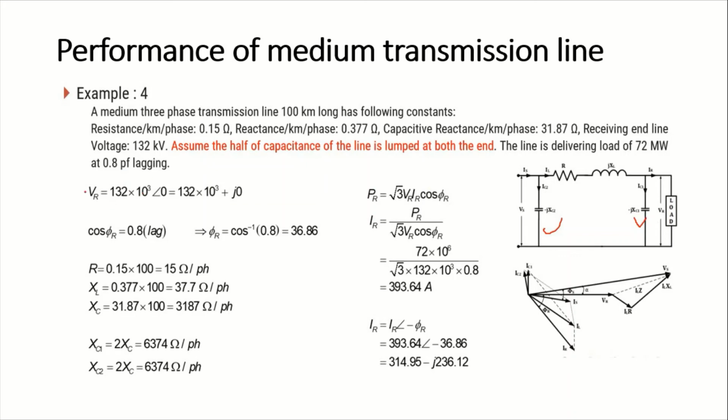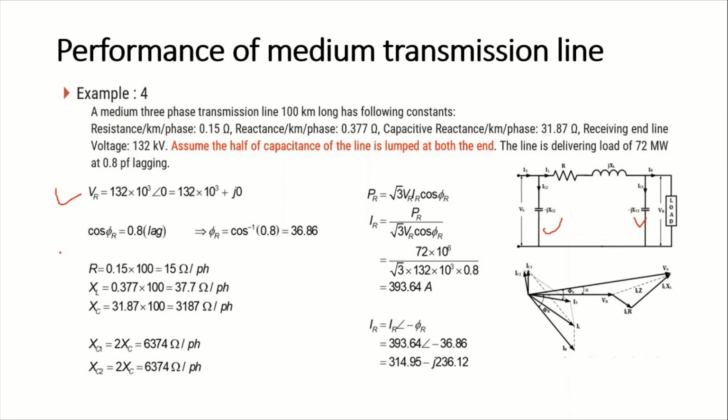So write the receiving end voltage VR as 132 into 10 raised to 3. Then the power factor at the receiving end, cos phi r, is 0.8. Now from this, phi r is equal to cos inverse 0.8, which is equal to 36.86 degrees.